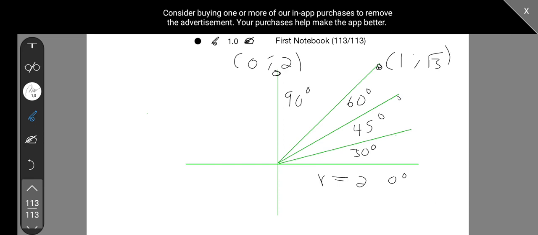And here we've got √2 and √2. And here we've got √3 and 1. That is √3 and 1. And finally we've got 2 and 0.